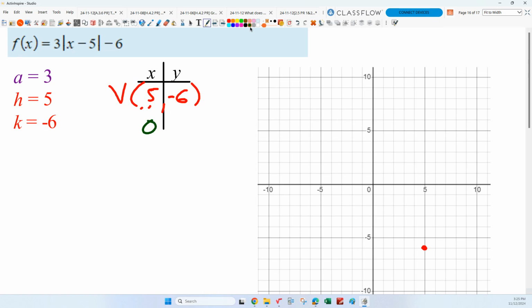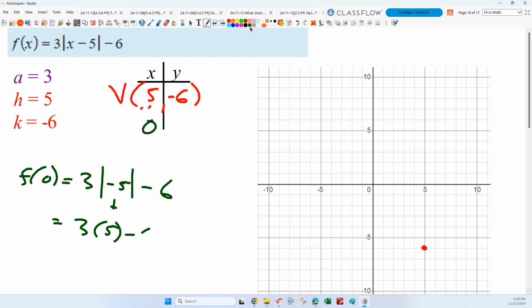If I plug 0 in, f of 0 is going to give me 3 times the absolute value of 0 minus 5, which is the absolute value of negative 5, minus 6. What's the absolute value of negative 5? 5. So that gives me 3 times 5 minus 6.